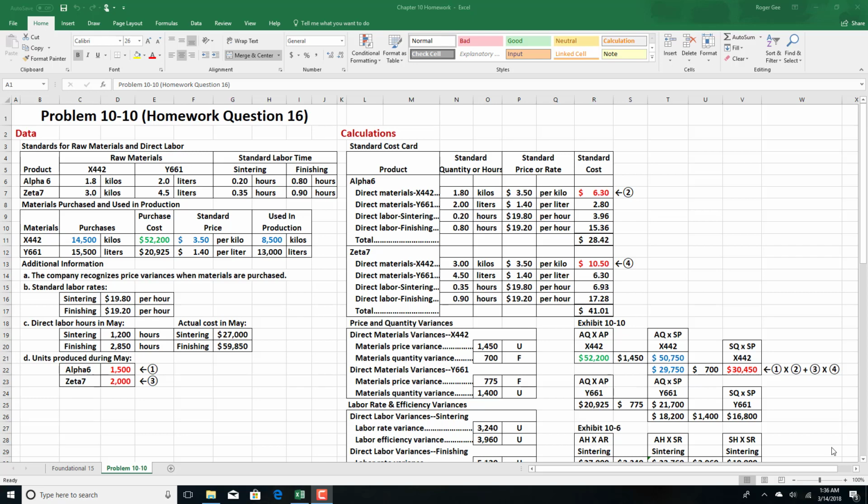Hello, this is Professor G, and this is probably the most difficult question in the Chapter 6 homework, question number 16. It's interesting because we're talking about two materials in two products. If you think of a typical automobile plant, there's about 1,800 parts in a typical car.